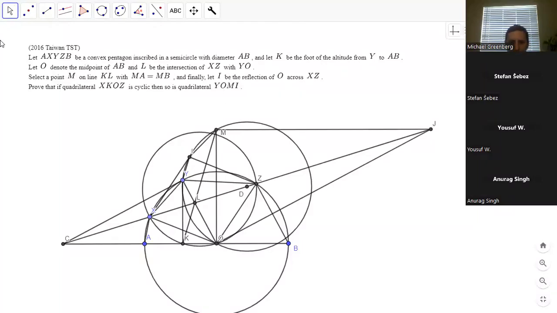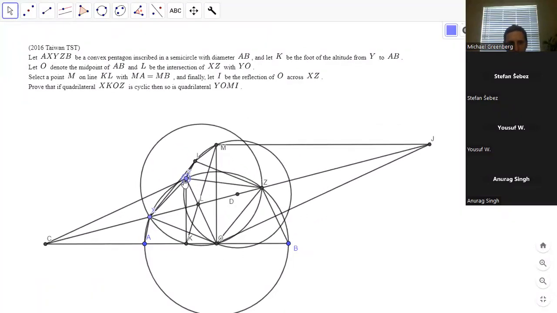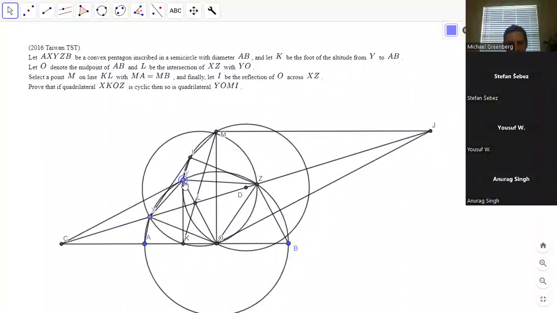Is that right? I don't know. Can you try more? It looks like, but I don't think COJM is a parallelogram. But it looks like it's the midpoint of CJ.